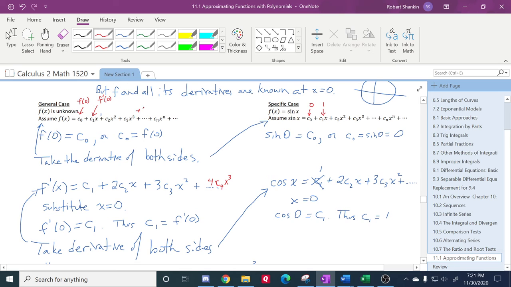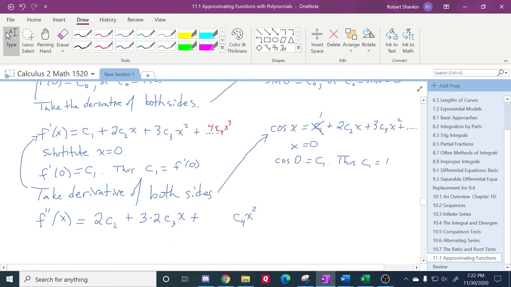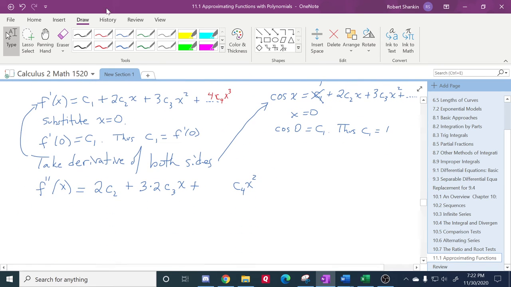This would be C4 x to the 4th. So this one would be right here. This 3 multiplies into here, so it's 4 times 3 times this, plus, and so on.